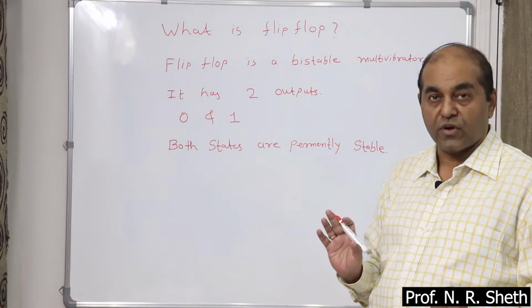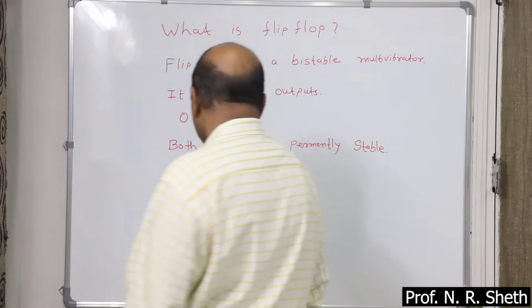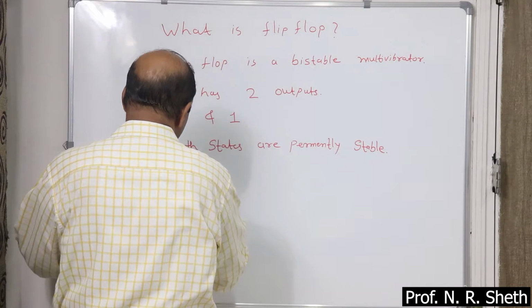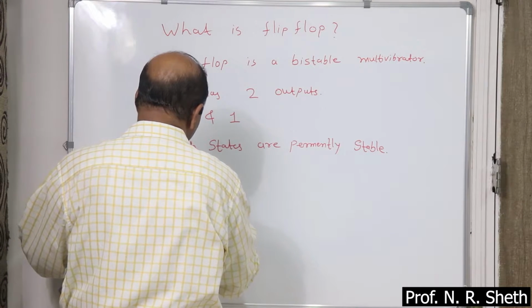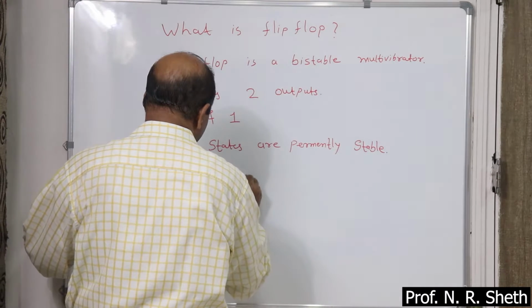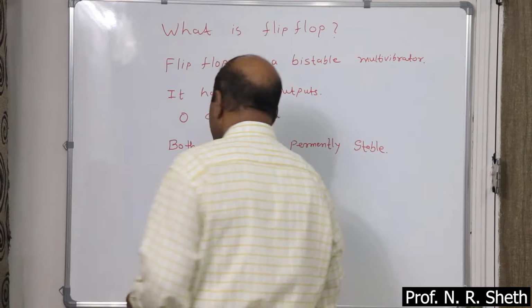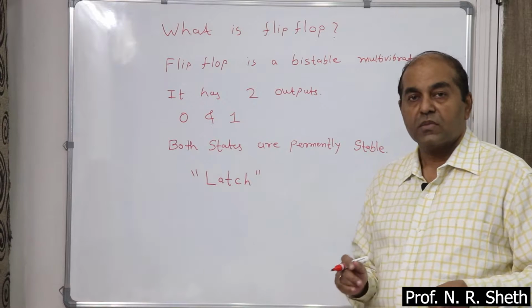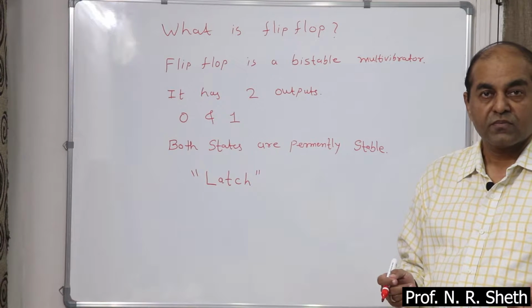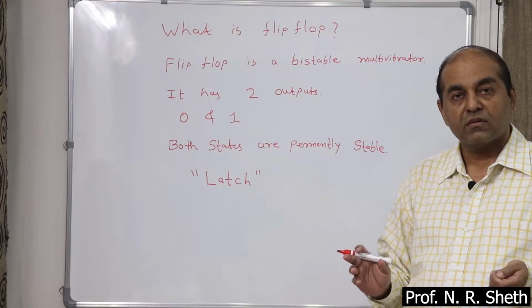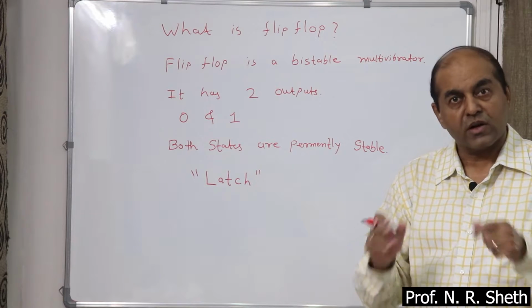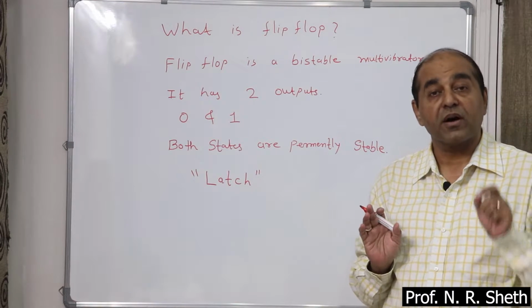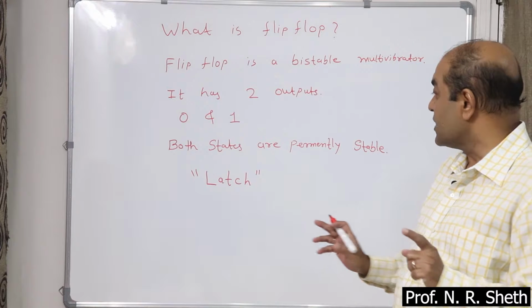This is flip-flop. Sometimes this flip-flop is also known as latch. Latch means lock. If output is 1, it is locked. It remains 1 for infinite period of time unless and until new input is applied.